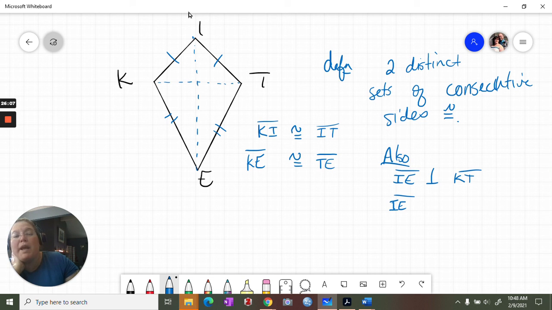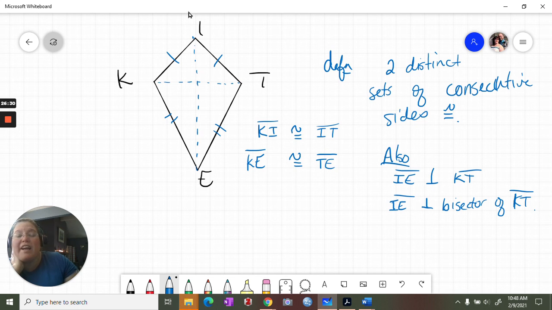I have one of each pair. The diagonal that creates the kite with one of each pair of congruent sides is the perpendicular bisector of the other diagonal. Okay?